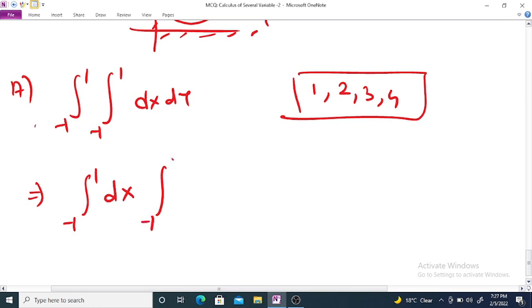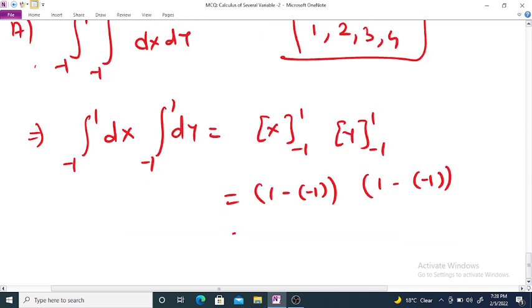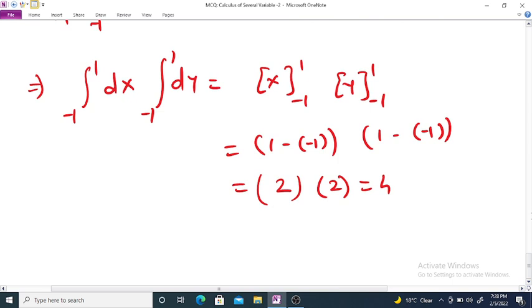By using Fubini's first theorem, the integration of dx is x, and the integration of dy is y. So it is 1 minus (-1), which is 2, and 1 minus (-1), which is 2. So 2 times 2 is 4. The correct option is 4.